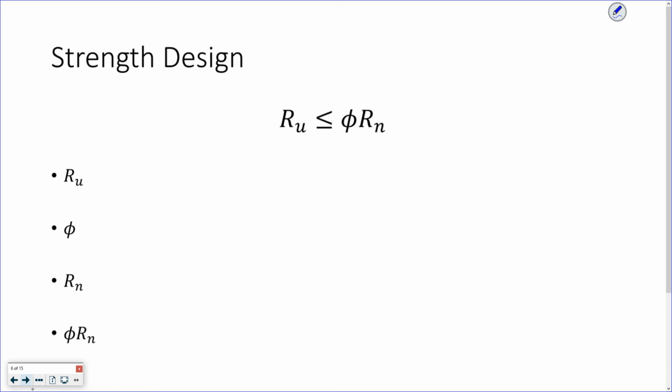Hopefully you guys remember this design approach. It's called, does anyone remember? LRFD. Load and resistance factor design. Where we have our phi factors and our factored loads, right? Our RU is our factored loads.